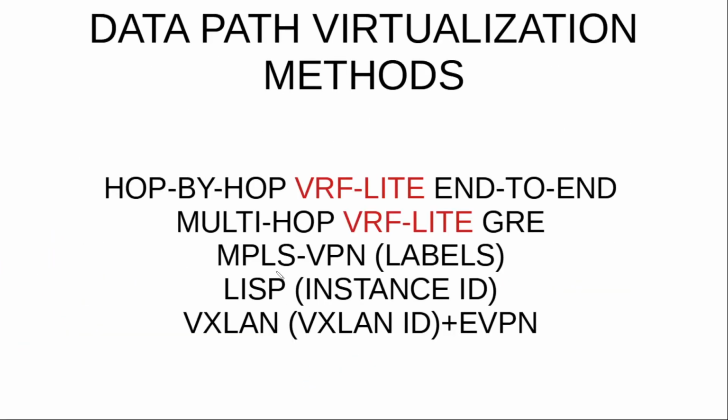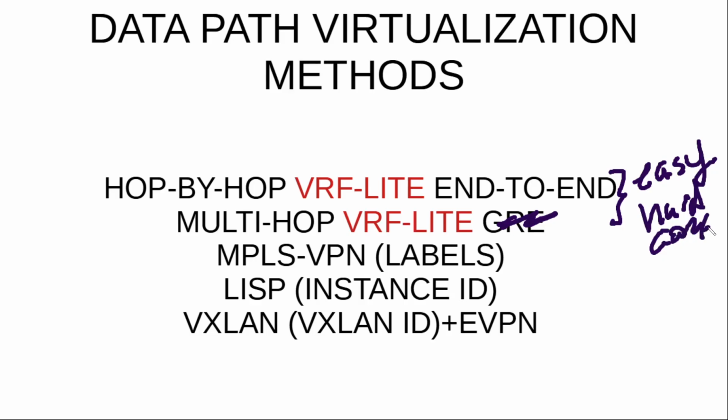There are several virtualizing methods. We have these two, hop by hop and multi-hop, that are actually easy to understand but hard to configure. They take a lot of work to get configured.